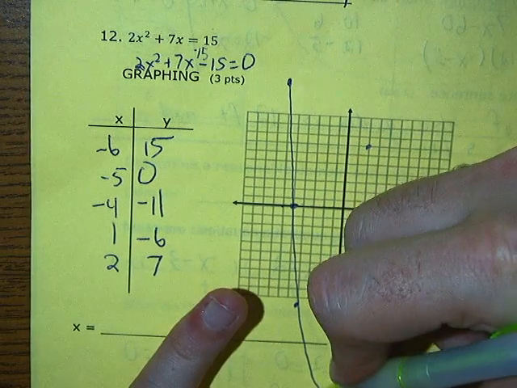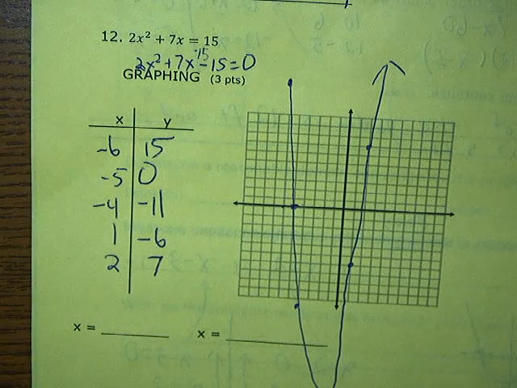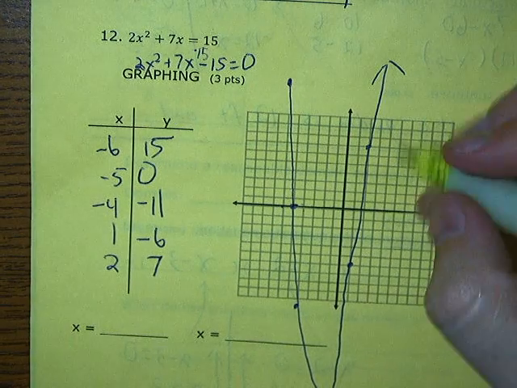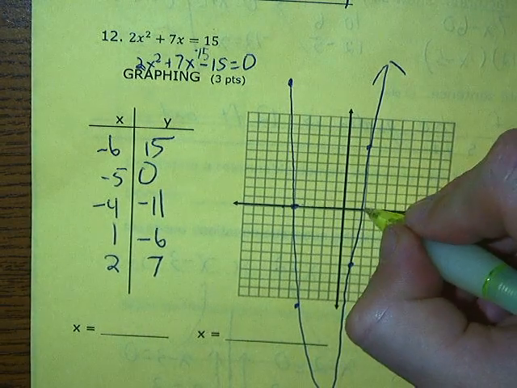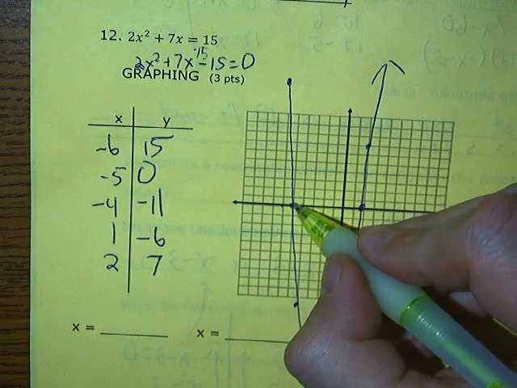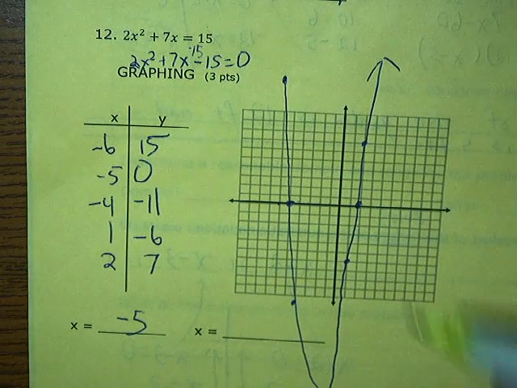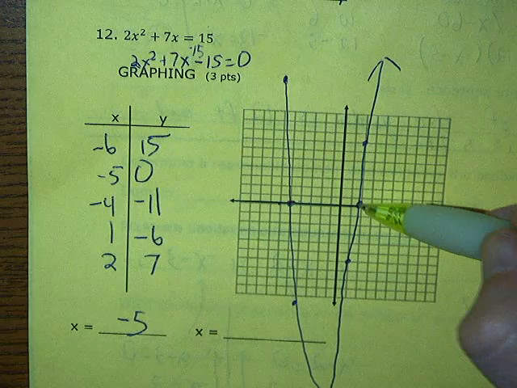Now this thing in all reality comes way down and then scoops back up. Now again, I don't know at this point exactly where it crosses over here, but I do know for sure that one of the answers is going to be negative 5. So then how do I find this one?